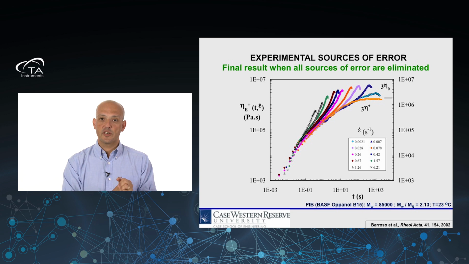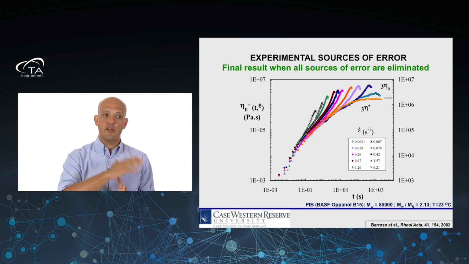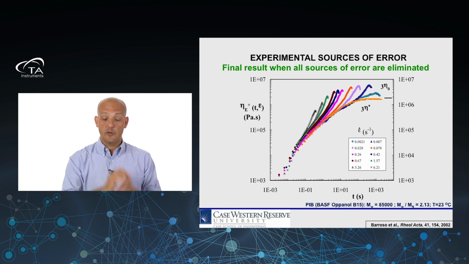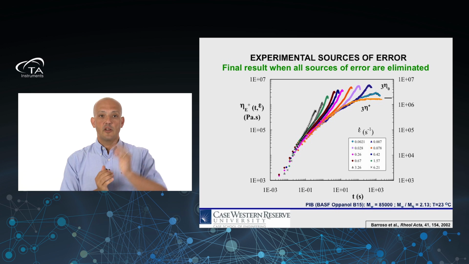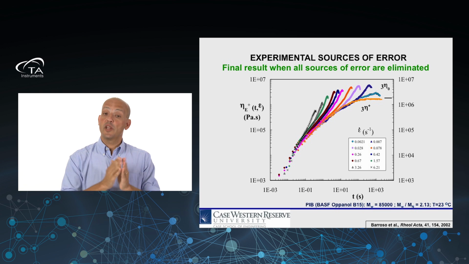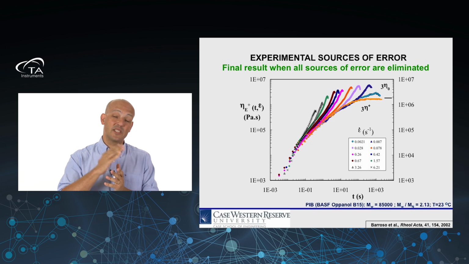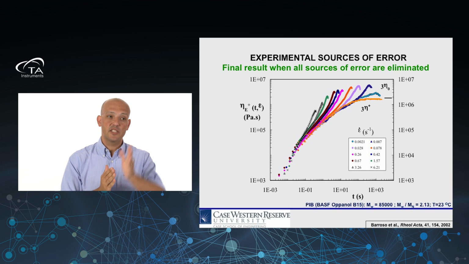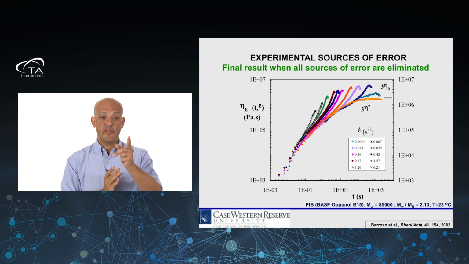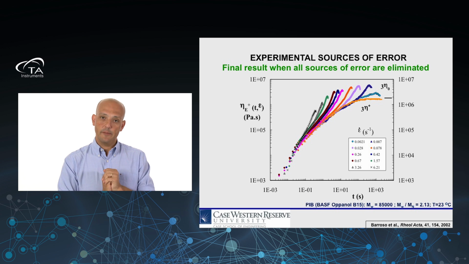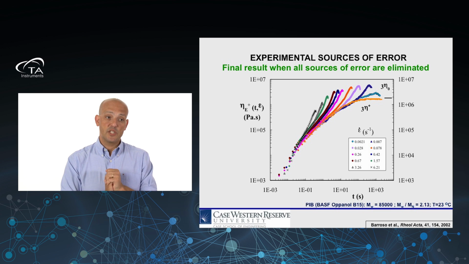I said I would go back to this picture. I'm back at this picture. The final result, when you have all sources of error eliminated, or so you think, looks something like this. This is that polyisobutylene I told you earlier, and in this particular material, we were able to perform experiments down to 2 × 10⁻³ reciprocal seconds, which is the curve in blue. And that experiment, if you look at the x-axis, which is logarithmic, went on for more than half an hour, about 2,000 seconds.